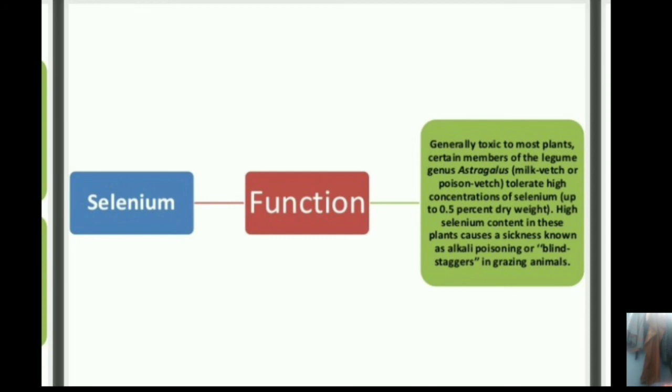So, not much deficiency symptoms are seen. Only if the quantity increases are some symptoms seen in the plants, but not deficiency. Okay, so it is required in small amounts.